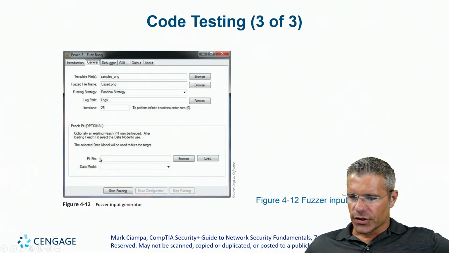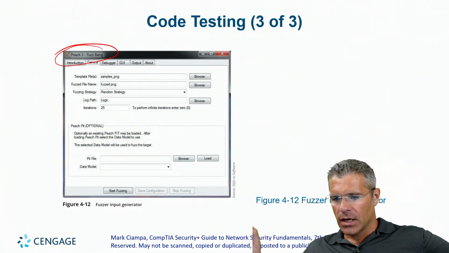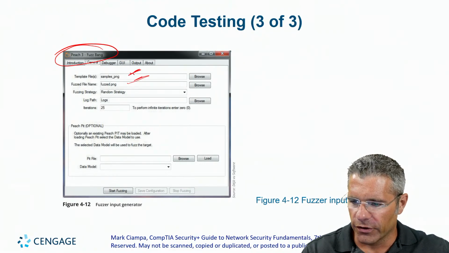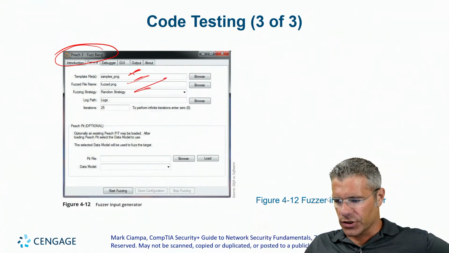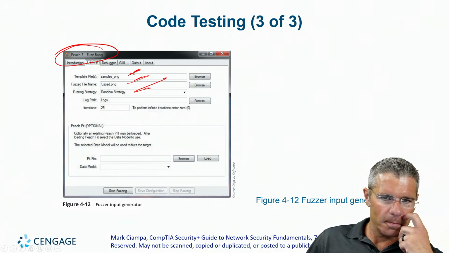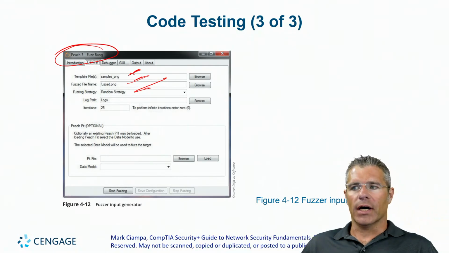And this is a fuzzer, the Peach Fuzz Bang, that is taking this template and creating a fuzzed PNG, using some selected strategy to create input for an application, presumably one that does something with images, to try and trick it, to try and blow it up, to try and make it do something bad.